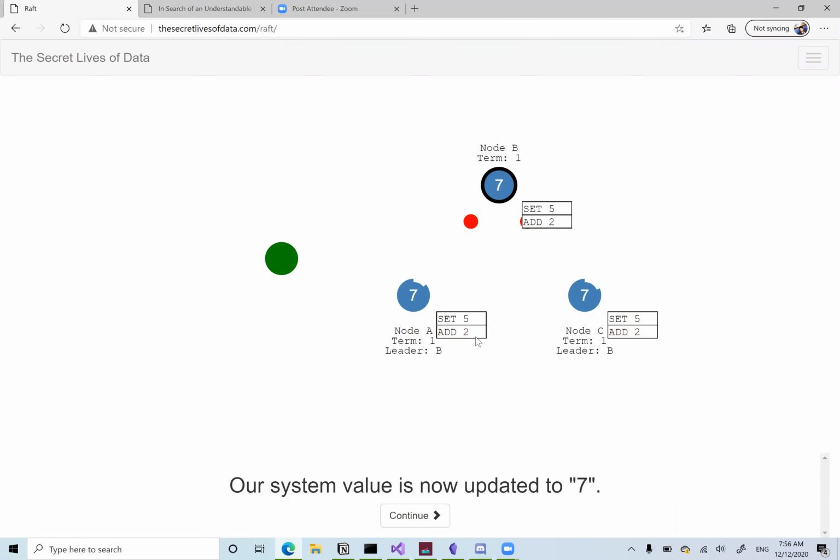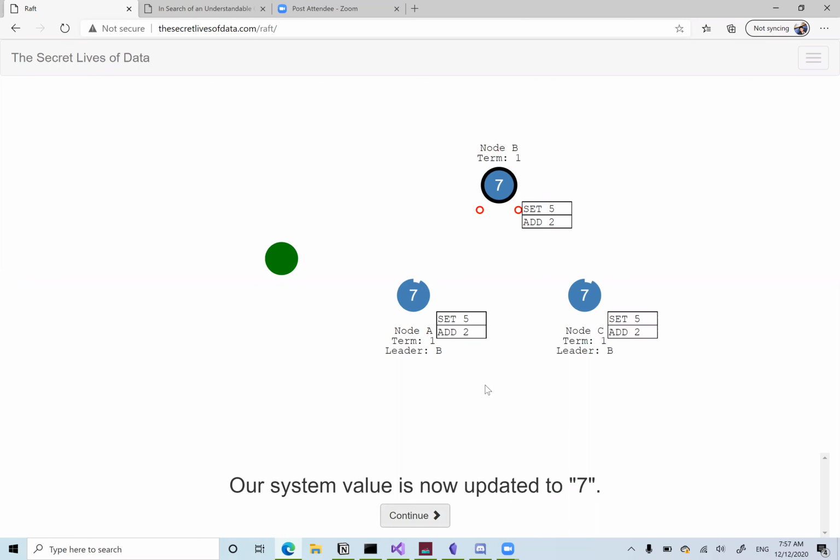They both were first sent a write log, and then the decision was made. It was committed in the leader, and then it was committed in the followers. So now any state machine can look at these logs and calculate the value, whatever value has to be calculated, right? So set 5 and add 2, so all the nodes have the value as 7.